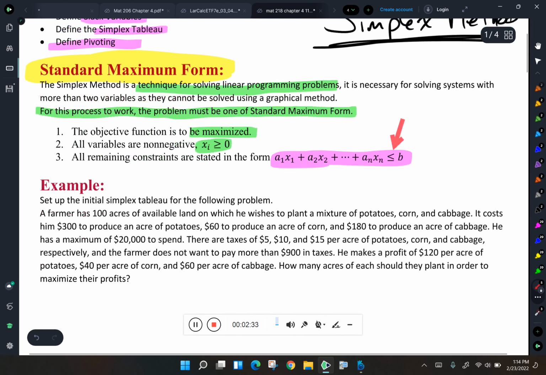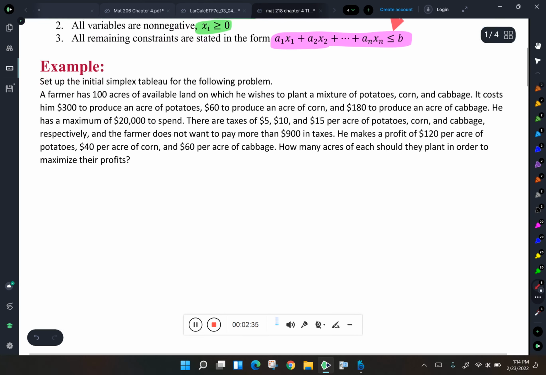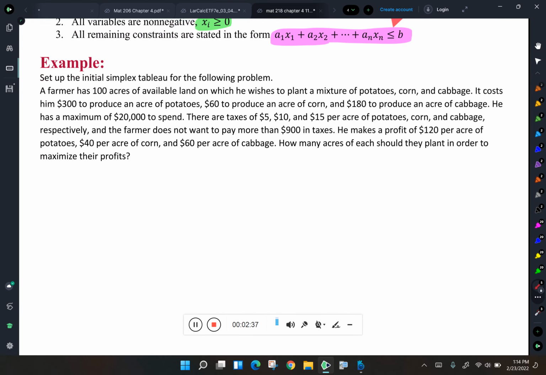Okay? So it's going to be things like this situation right here. A farmer has 100 acres of land available on which he wishes to plant a mixture of potatoes, corn, and cabbages. It costs money to produce an acre: $300 for potatoes, $260 for corn, and $180 for cabbage. He has a maximum of $20,000 to spend.